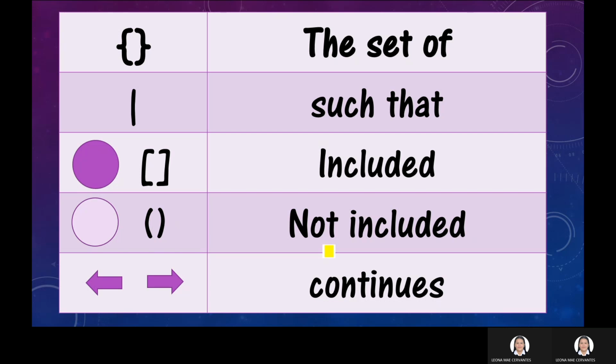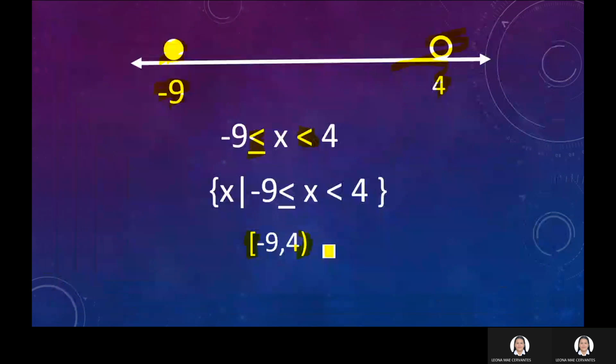Not shaded dot means not included, parentheses means not included. Then arrows mean continuous. Okay, so that's all for our module 2. Now let's proceed to our module 3.